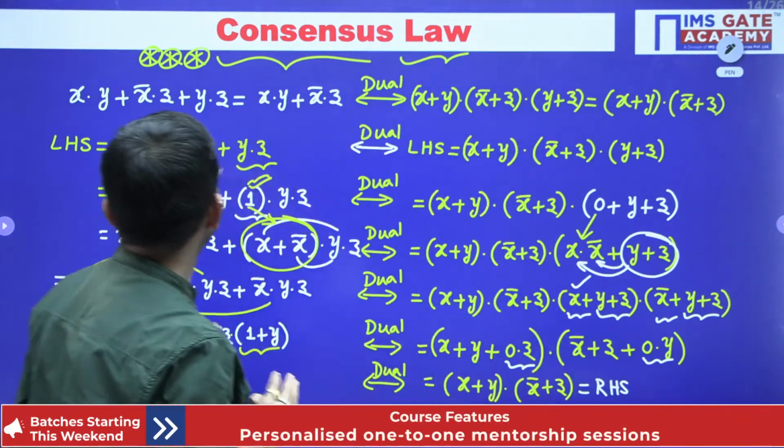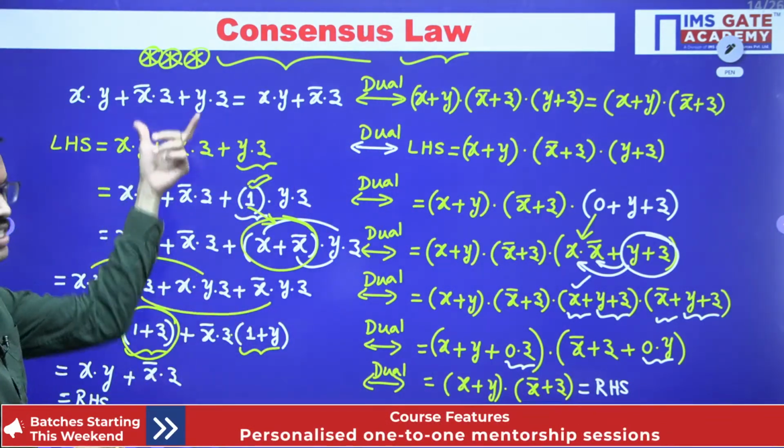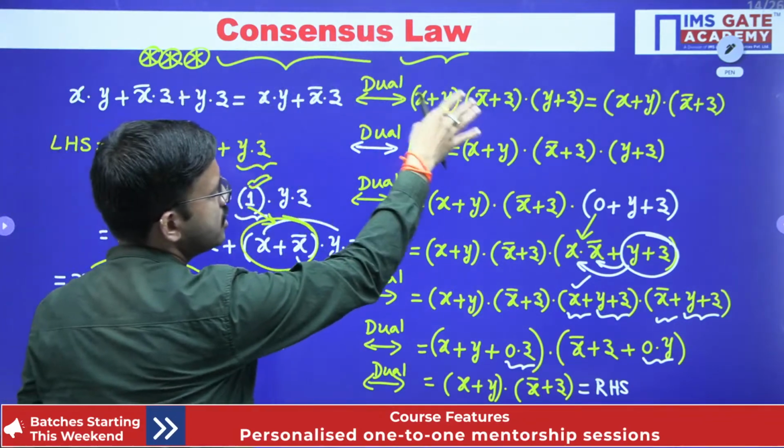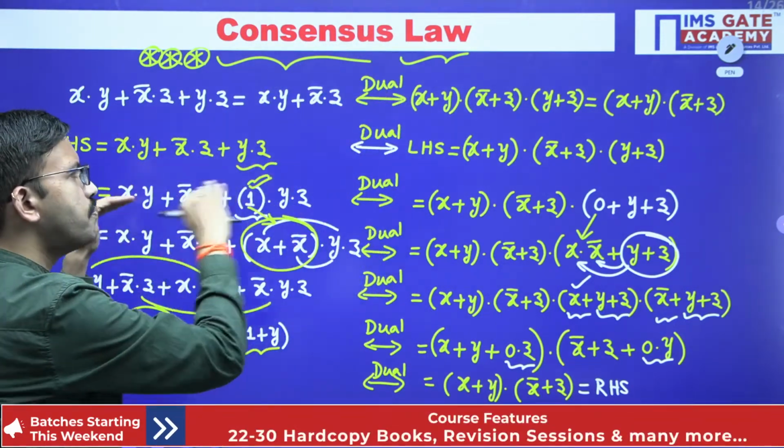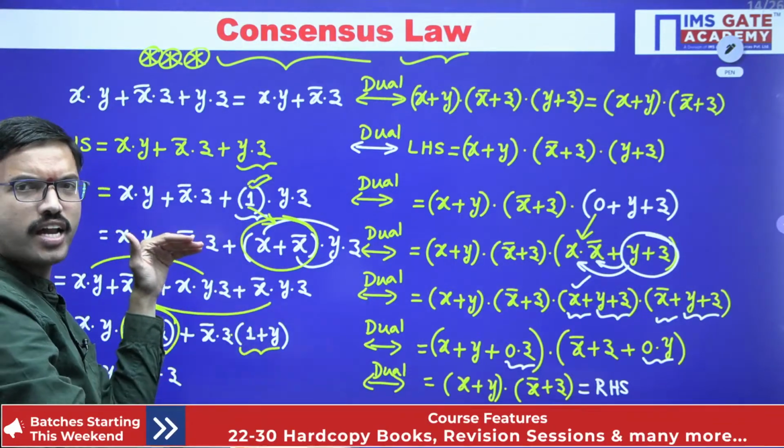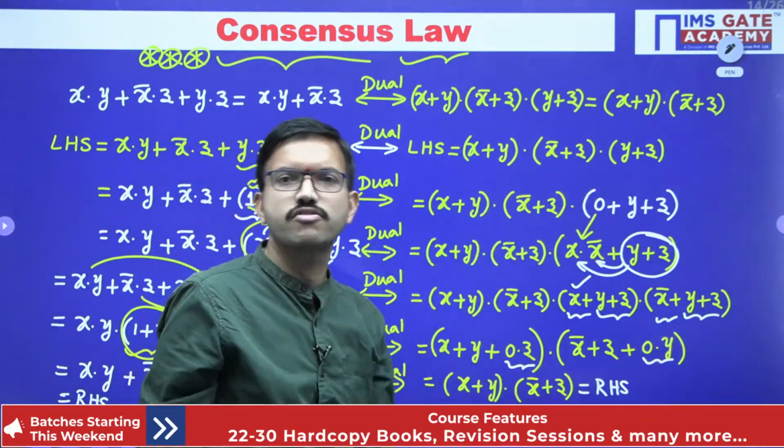In this way, if you are having the proof for first equation, since both equations are dual, simply if you apply dual for each and every line, you will get the proof for this equation.